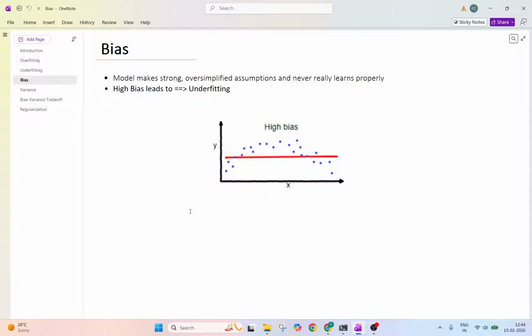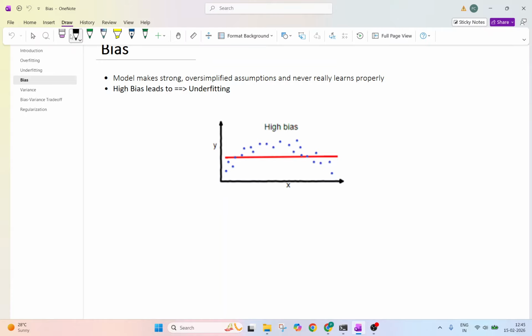So imagine that again, you're a student and you think that all math problems can be solved by simple addition. All right. So even if the problem needs a multiplication or division or any other operation, you as a student keep on adding.